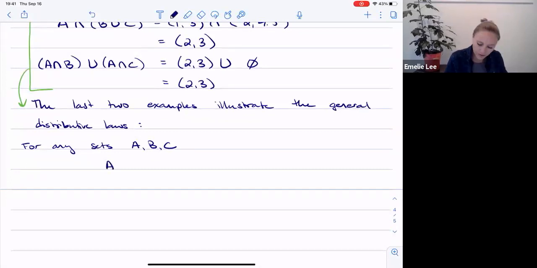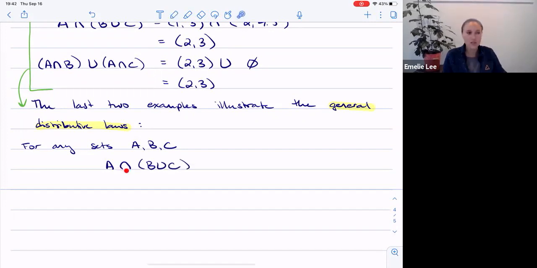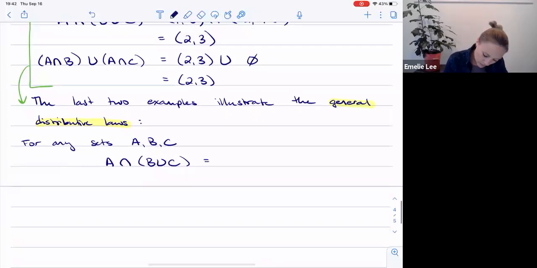What we're going to have, the general distributive laws say that A and then brackets B or C, you have to distribute this A and into the brackets, right? That's what we're doing when we're distributing, is distributing into the brackets, or basically breaking up those brackets, expanding those brackets. We get A and B, right?